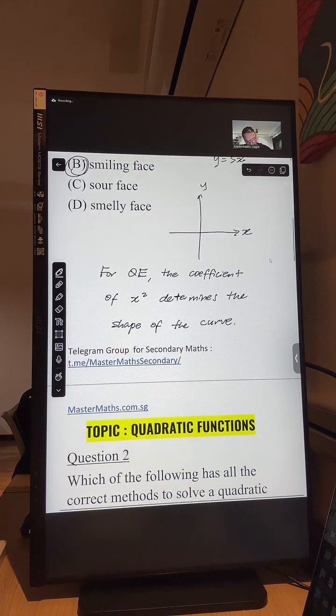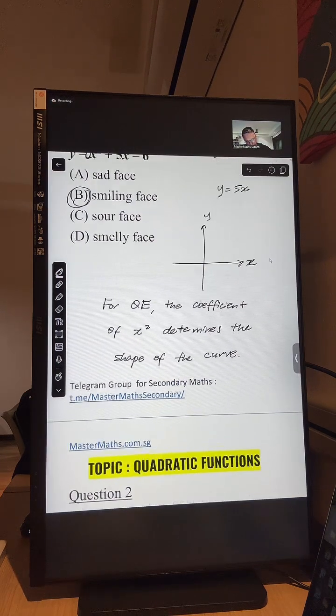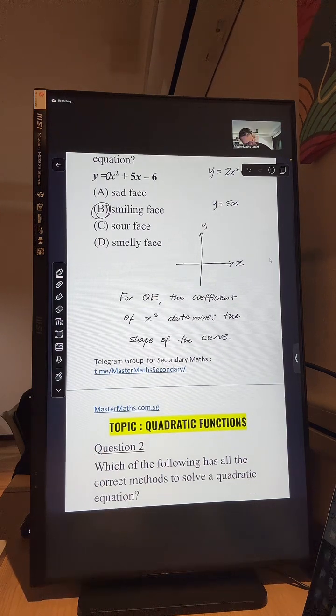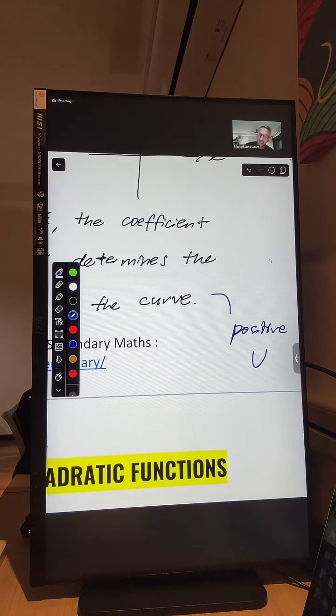So if you have a positive coefficient, it's going to look like that, a smiley face. Can you all see? Smile. If it is a negative, maybe I use green, then you're going to have a frown, an upside down smile.